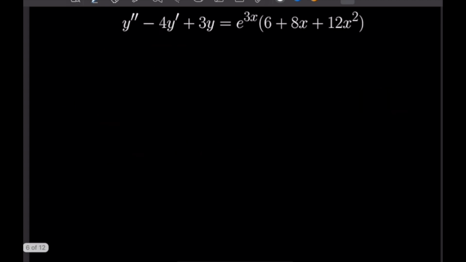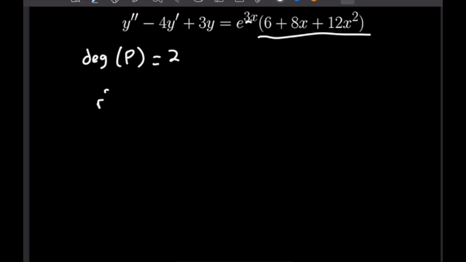All right, so for number 4, we have y double prime minus 4y prime plus 3y is equal to e to the 3x times the polynomial 12x squared plus 8x plus 6. Now we can notice right away that the degree of this polynomial is going to be equal to 2. And we can go ahead and find the roots of the corresponding characteristic polynomial as well to relate them to this 3 here.